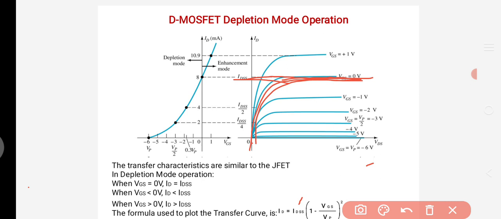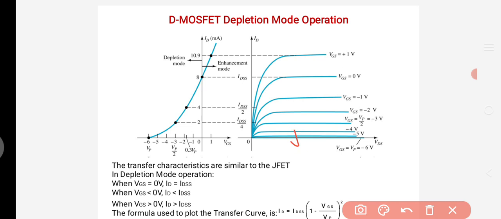When VGS is less than 0, meaning negative values of VGS, that is -1, -2, -3 and so on, then the ID value will decrease. When VGS is positive, that means greater than 0 volts, and VGS increases, then ID will increase, greater than IDSS. These are the three cases, in a simple way.